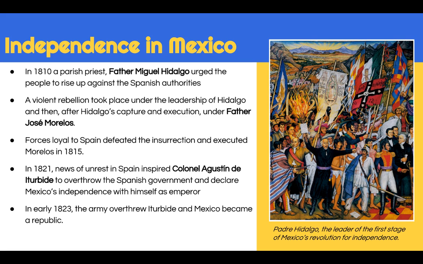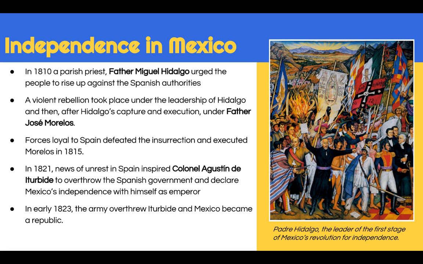Hidalgo is captured and executed, and then another priest, Father Jose Morelos, takes over this revolution and continues to lead it all the way until 1815, when he himself is executed. So this first phase of the Mexican Revolution is fairly unsuccessful. It lasts for 5 years, but doesn't achieve its goal in throwing off Spain completely.